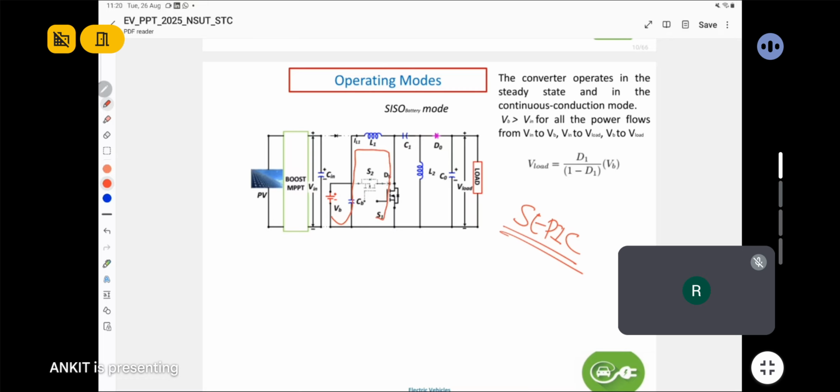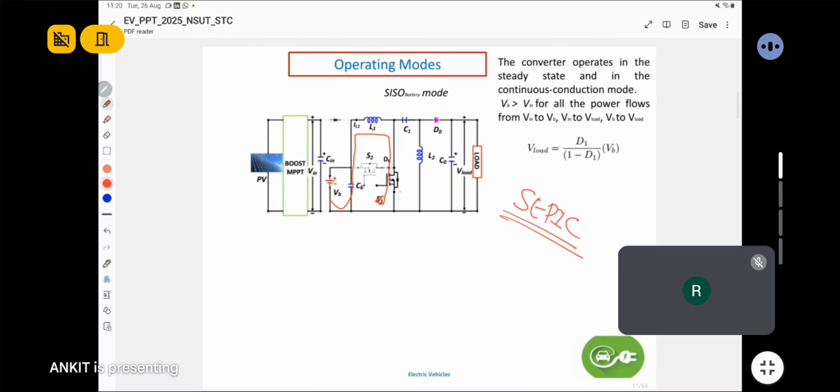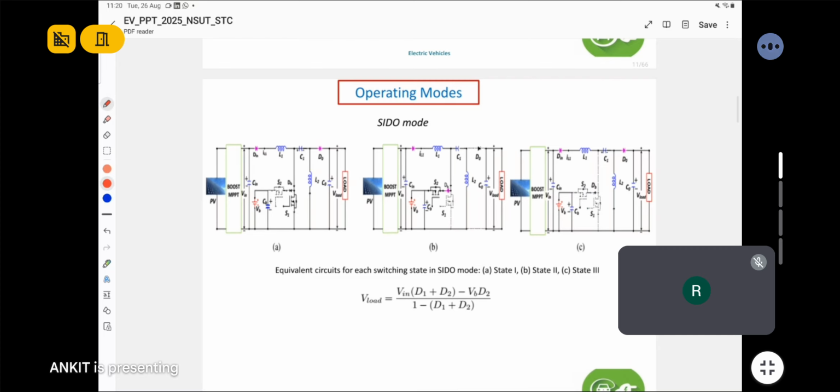Here it will store the energy. Inductor L1 will store the energy, and the stored energy will be transferred to the load when the switch S1 is off. Okay, so this is the SISO mode.